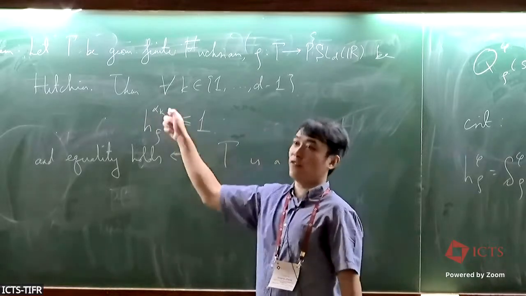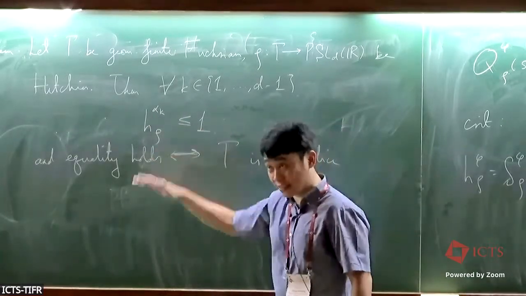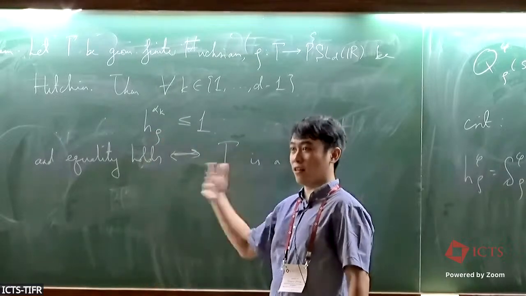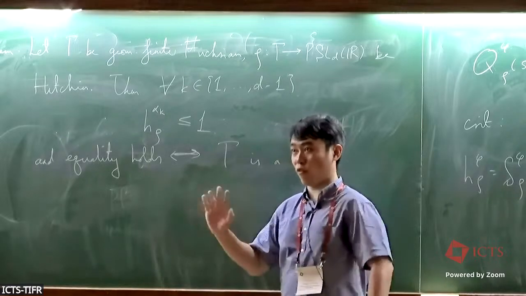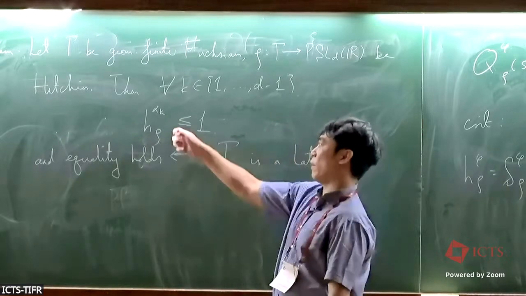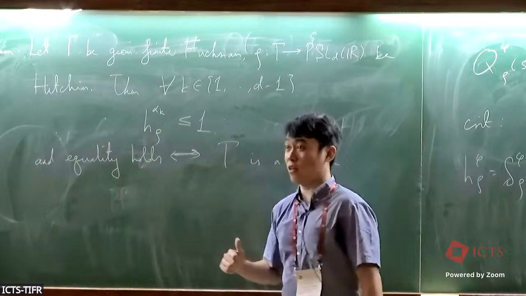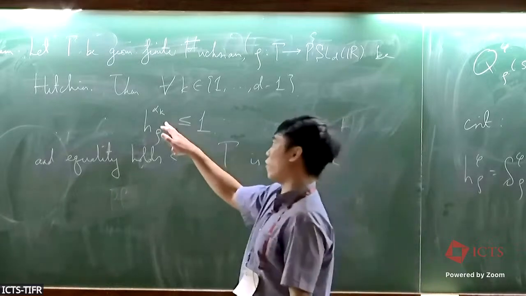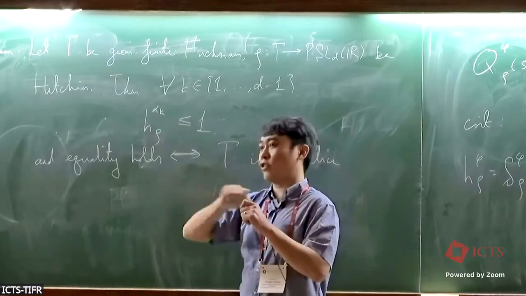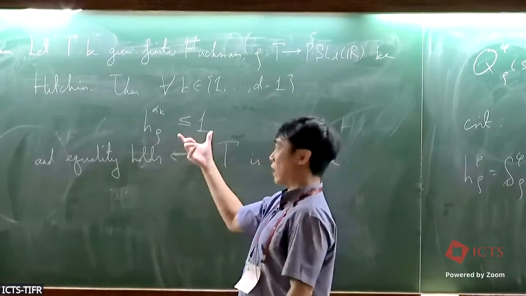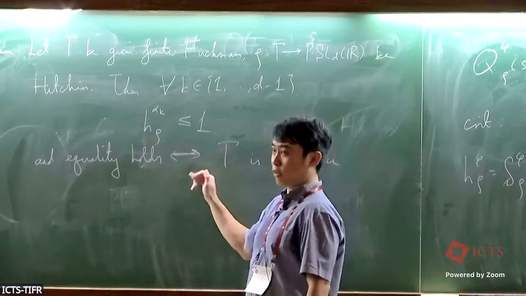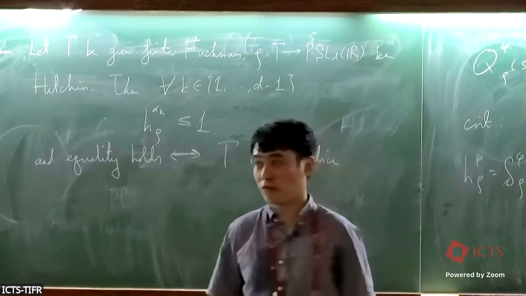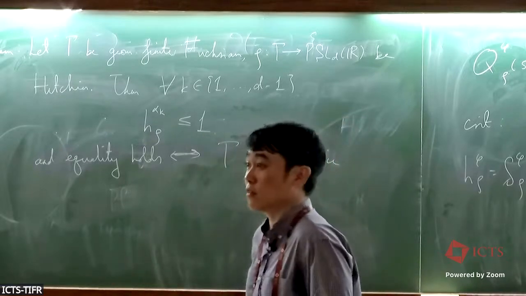For any phi that you choose, there's an upper bound, and we can say exactly when equality is attained. So gamma is a lattice plus some other conditions for arbitrary phi. But in the case of alpha k, this is the only condition. And for the translation distance in the symmetric space, again you have an upper bound like this, but I don't think we have a characterization of when equality happens.